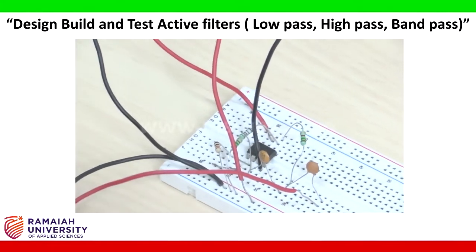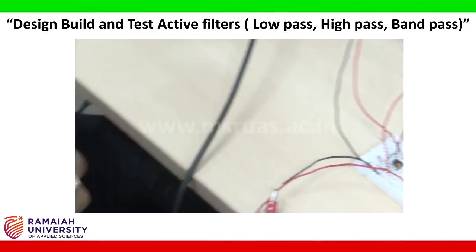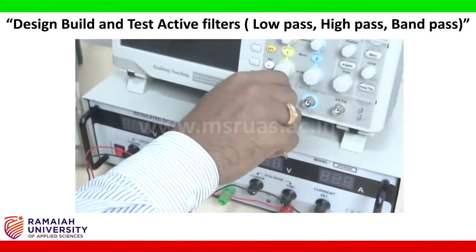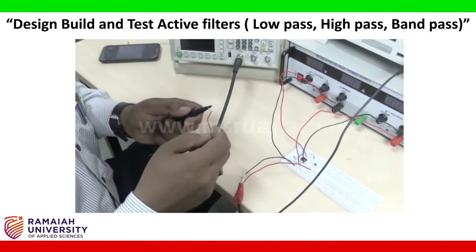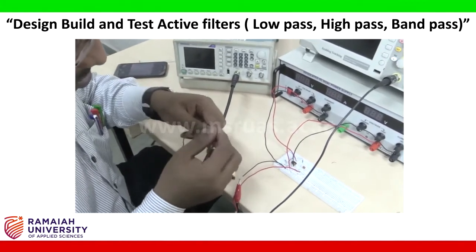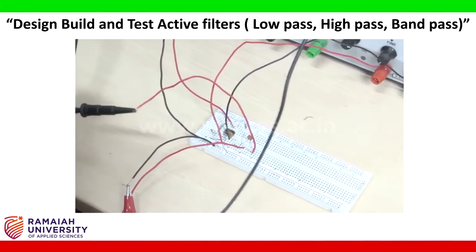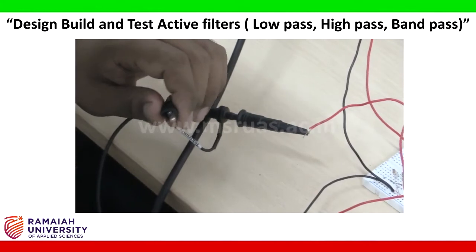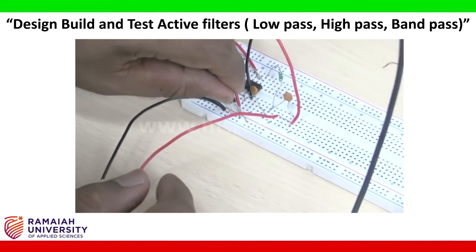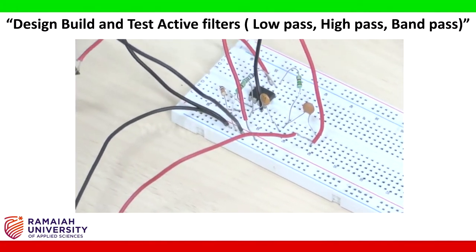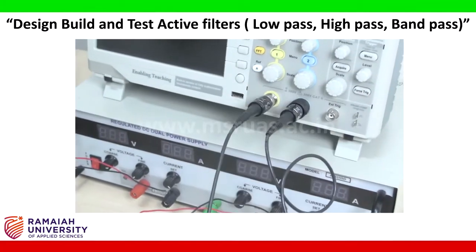Now I am going to connect the output terminals to see the input. I am connecting the patch card here, terminal 1. I am taking one wire for the positive connection. I will place this at the input junction, and the negative terminal I place to ground. And I am taking another patch card to connect the output at terminal 2.